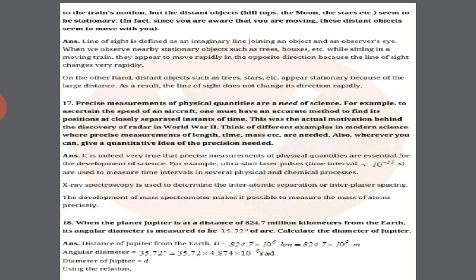Angular diameter is given there: 35.72 into 4.874 into 10 to the power minus 6 radian.